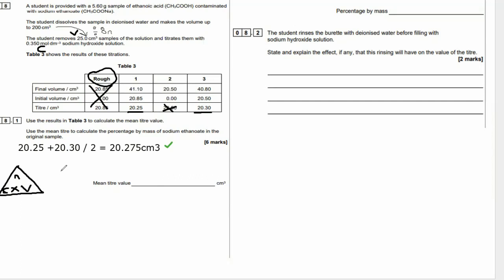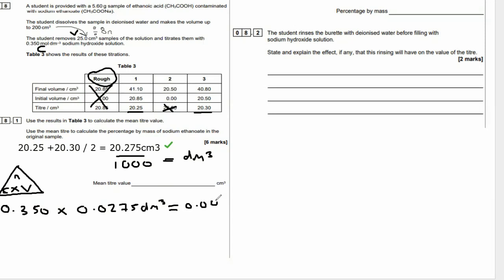So 0.350 mole per decimeter cubed, and let's multiply that by 0.020275. And that is decimeters cubed. That's the volume of sodium hydroxide. And of course, we had to divide by 1,000 to get that. You should know that off by heart by now. And now we've got our moles, which is 0.0071 moles of sodium hydroxide.